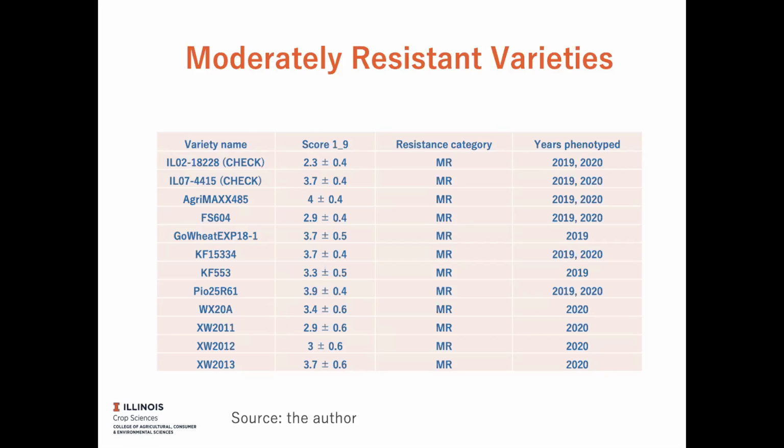And just like what Nathan said, some of these varieties are also really high yielding. So you don't necessarily have to choose between a high yielding variety and a variety moderately resistant to scab. You can probably find a variety that is good in both categories.